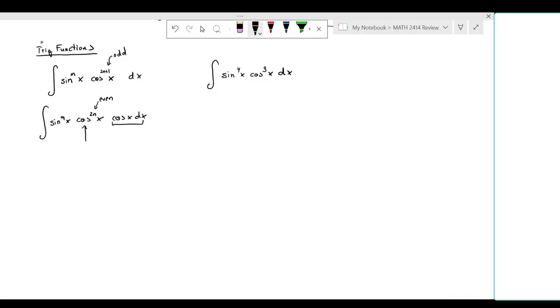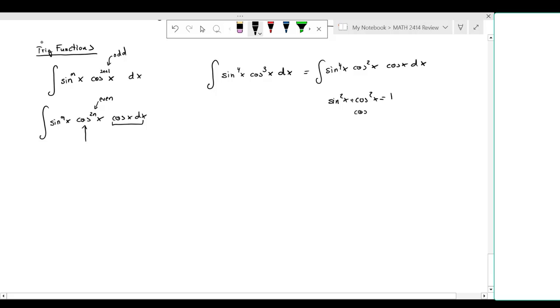So if the power for cosine is odd, we reserve a cosine, and then we use Pythagorean trig identities. So we're going to use, of course, sine squared plus cosine squared is 1.